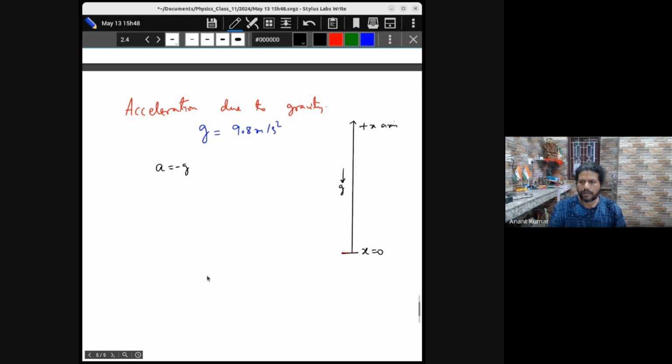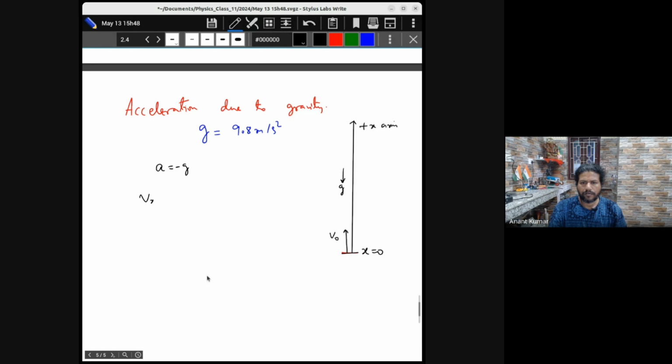So if I throw something from the ground level upwards, assuming the initial velocity is v naught, the relevant equations change a bit. We have to put -g in place of a.